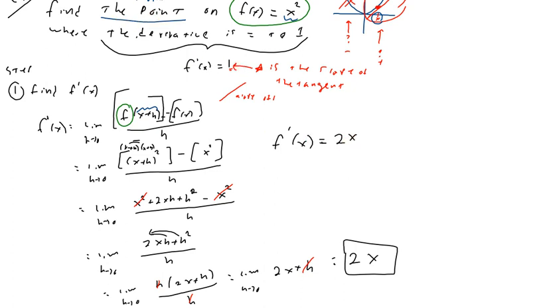What are we plugging in? Here's our derivative equation. I want to find the x value where the slope of the tangent line is equal to 1.